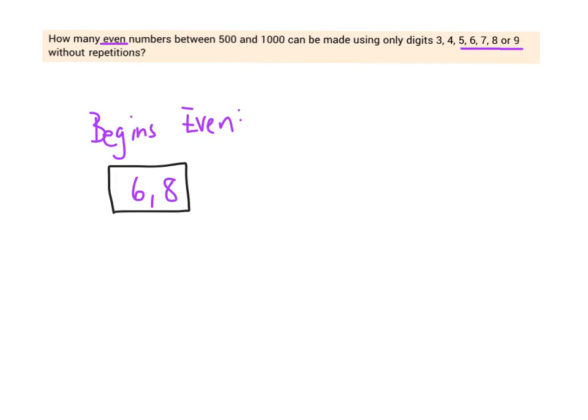Okay, the other part is we know it's a 3-digit number. So if it begins even using a 6 or an 8, that means I have two choices here. Then the other restriction that I look at first, before I fill in the middle value, is that it has to end even. So the options for even would have been 4 and then the 6 or the 8.